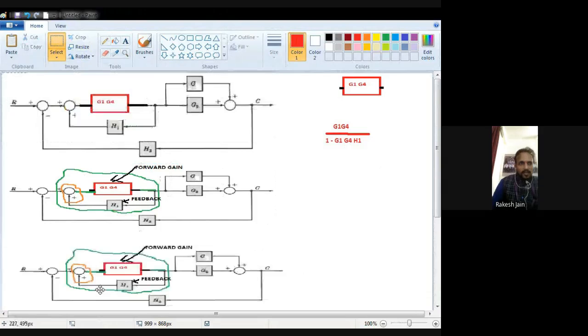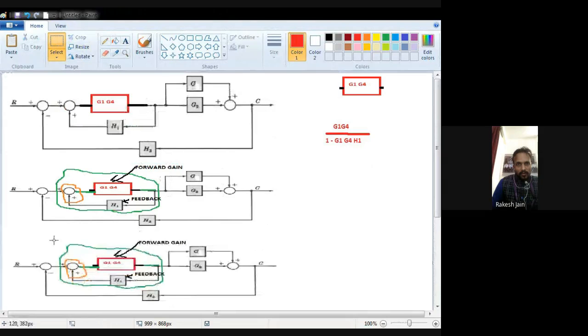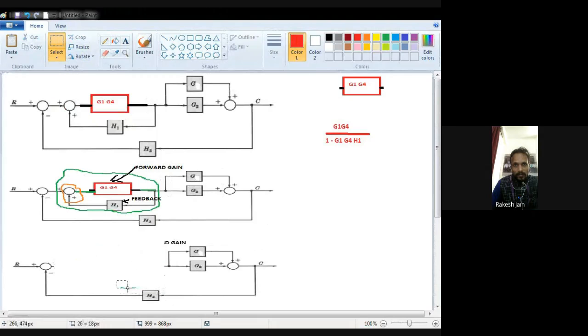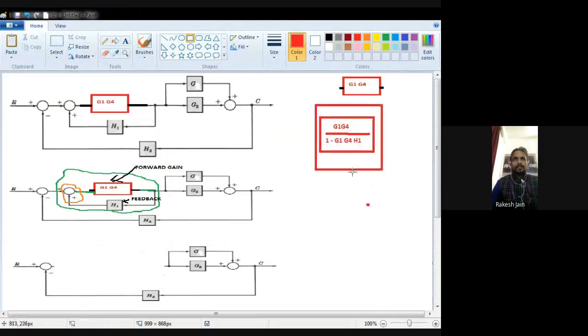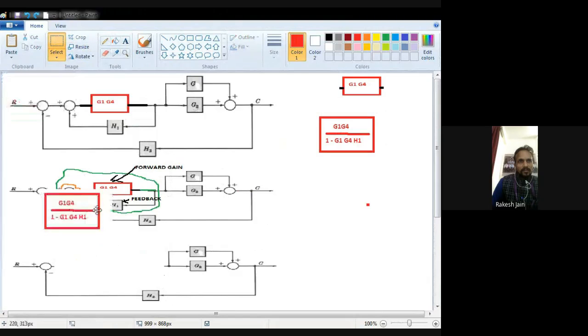So see, we just remove this all because we have already solved this one, and instead of this only one step will be here, which is G1 G4 divided by 1 minus G1 G4 H1.